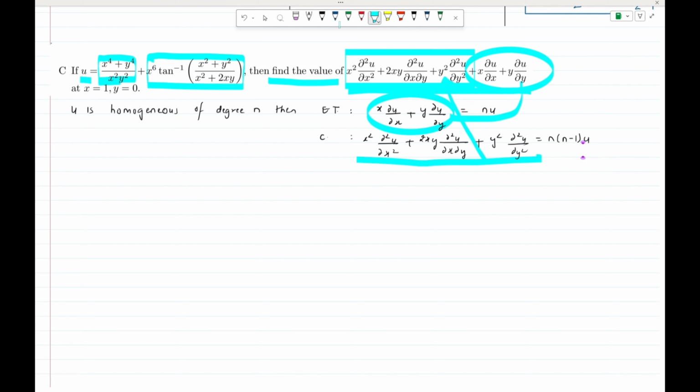Okay, so what we will be doing is we are going to discuss the homogeneity of u, and then we are going to see whether we can apply Euler's theorem and its corollary.